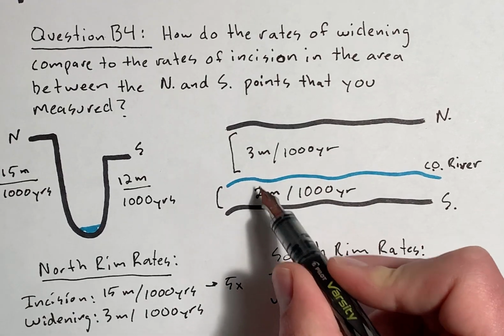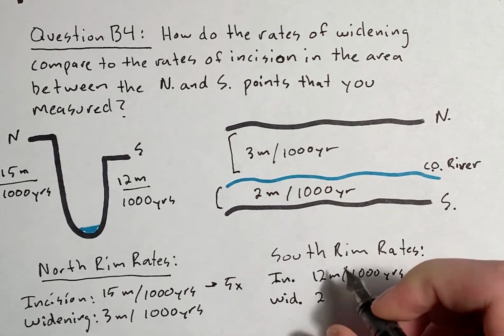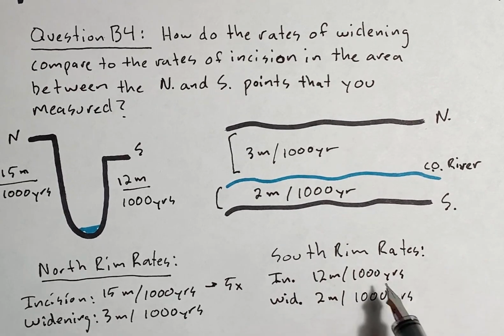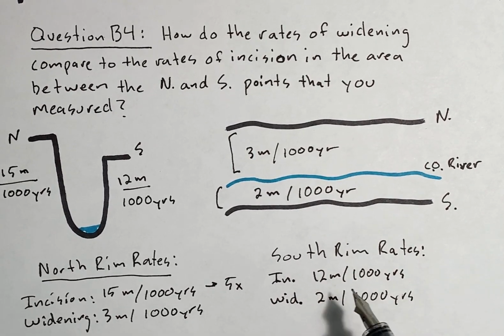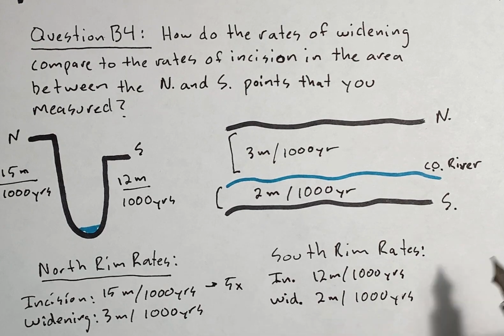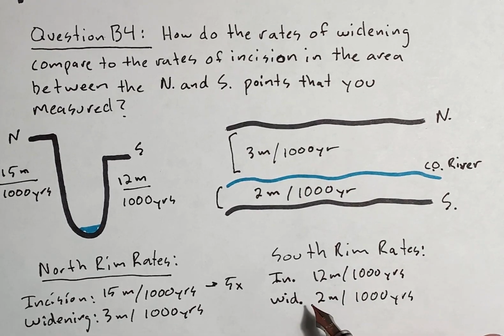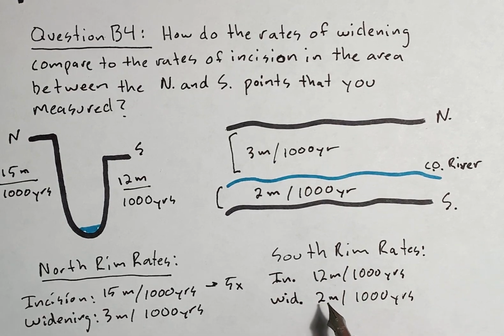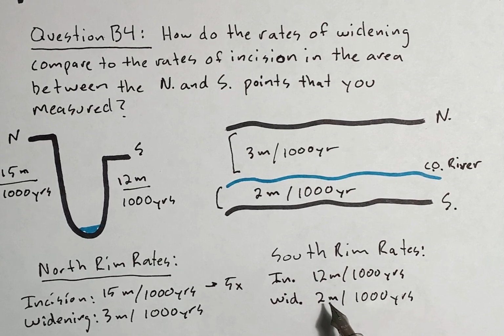The rate of widening is 2 meters per 1,000 years. Units are the same. We can directly compare them, and we can say that the rate of incision is 6 times as high as the rate of widening, 12 versus 2.